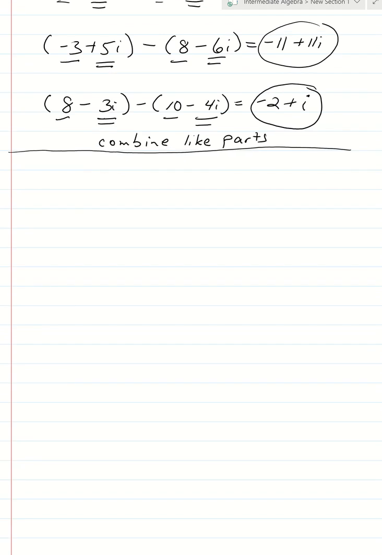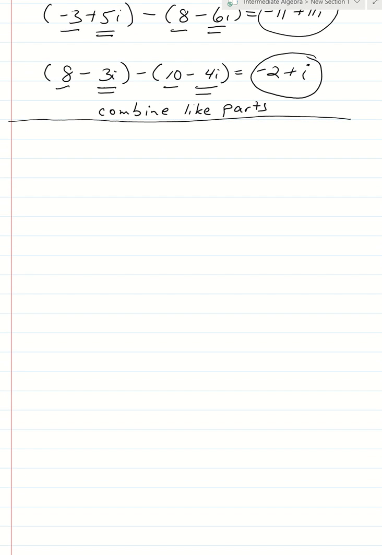Well, let me pose you this question. What if we wanted to multiply these complex numbers? This might look familiar as well. Let's say we want to take the complex number of 2 plus 5i and we want to multiply it with a 3 plus 7i.